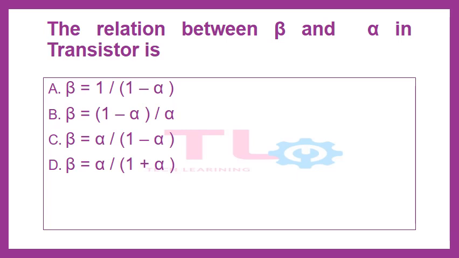Option C, beta equal to alpha upon 1 minus alpha, or option D, beta equal to alpha upon 1 plus alpha. And the correct answer is beta equal to alpha upon 1 minus alpha.